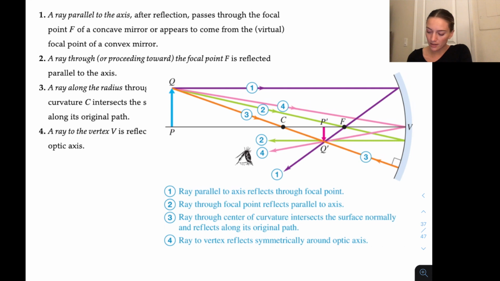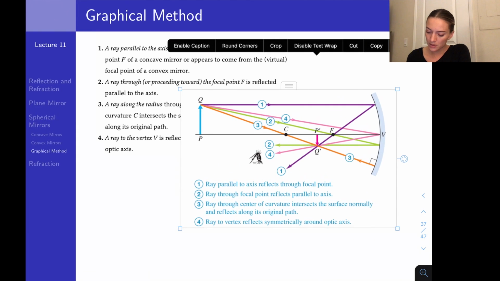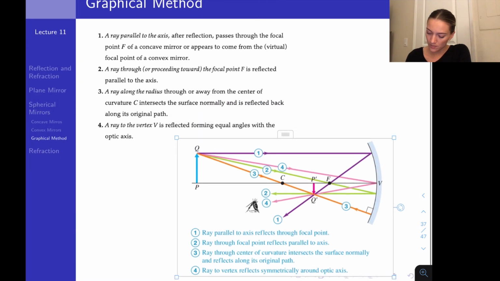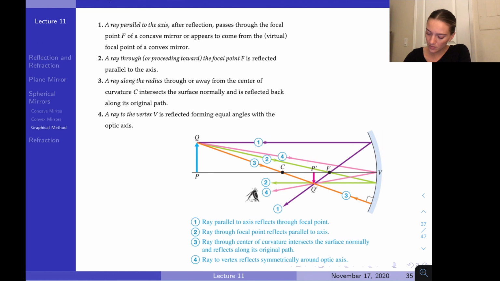Then you draw a second ray, number 2, that goes right through your focal point. And again, see how it reflects off. Draw your reflected ray, and that's your second ray.